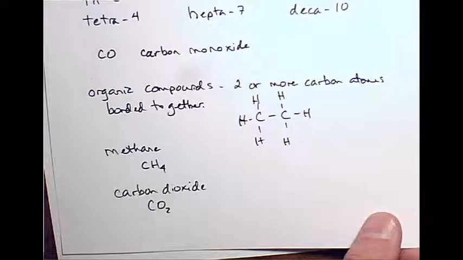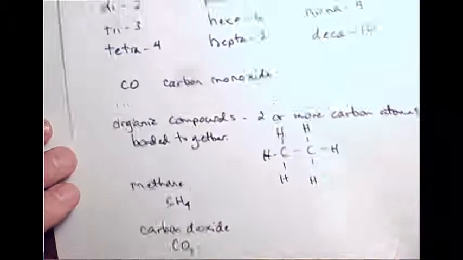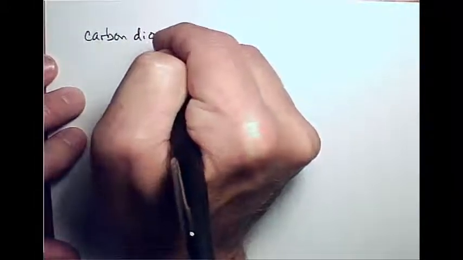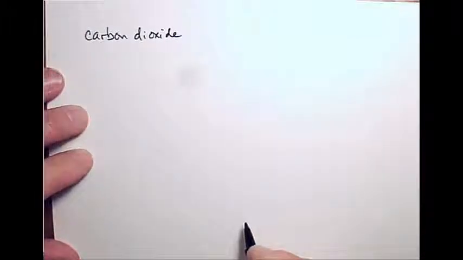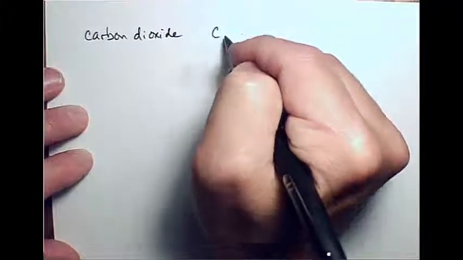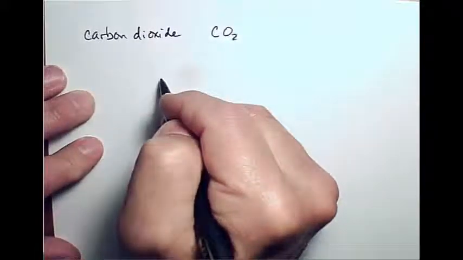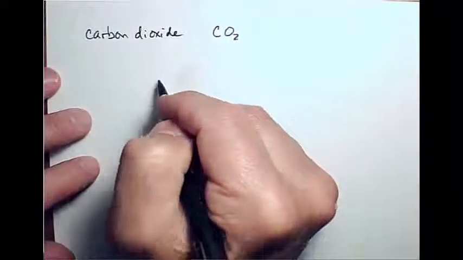Now we said earlier that you can have more than two electrons shared between two atoms. Let's look at carbon dioxide here. Carbon dioxide has one carbon and two oxygens. Okay?